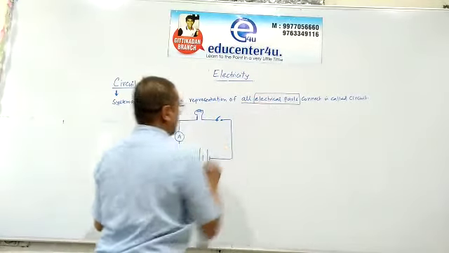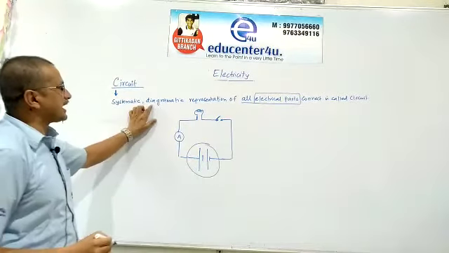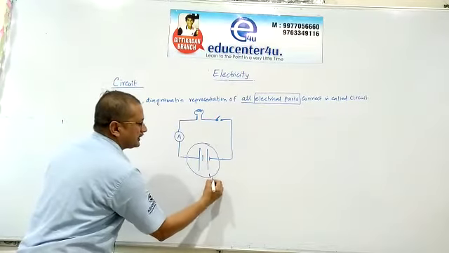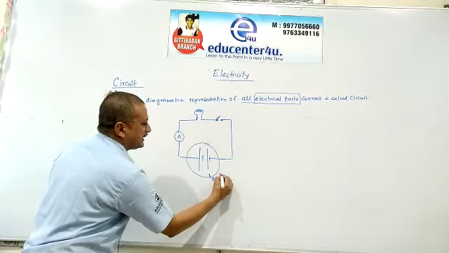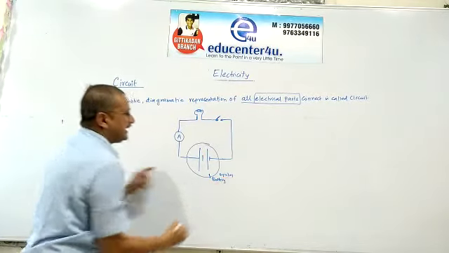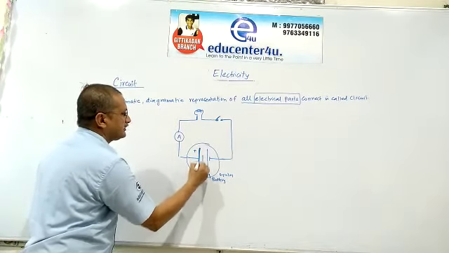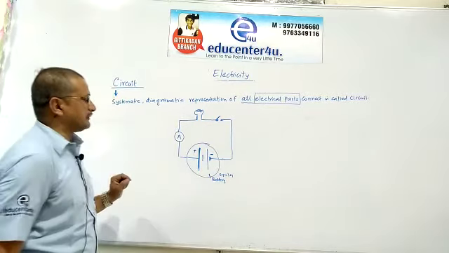Means electrical parts include, this is the systematic diagrammatic representation. What is the diagram of this? Diagram of this is a battery. So this symbol represents that this is a battery. Battery having long terminal is called the positive terminal. Small one is called the negative terminal.